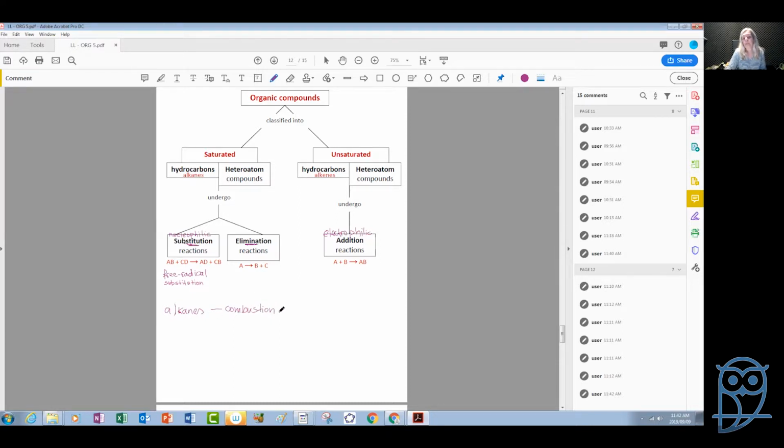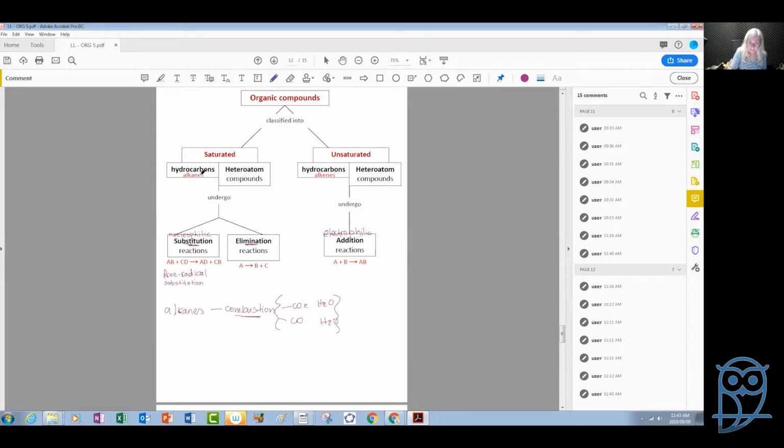If they are complete, they produce carbon dioxide and water. If they are incomplete, they would produce carbon monoxide and water. But for these we do not have to know any mechanism. We just need to know how to write the reaction. So that is why we do not have the combustion reactions under these types of reactions here.